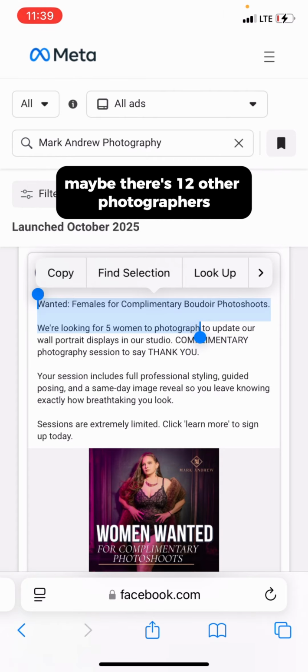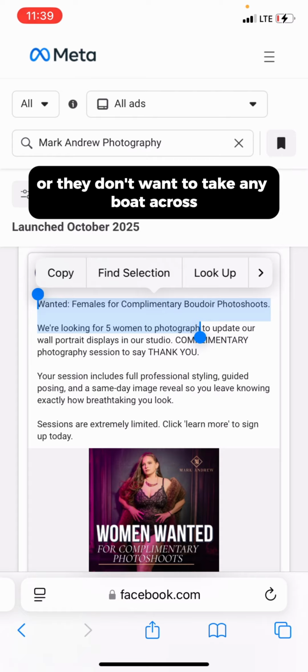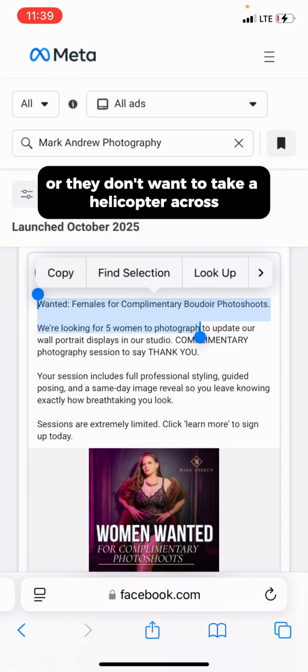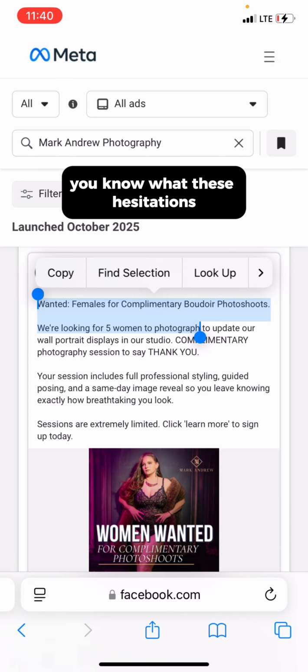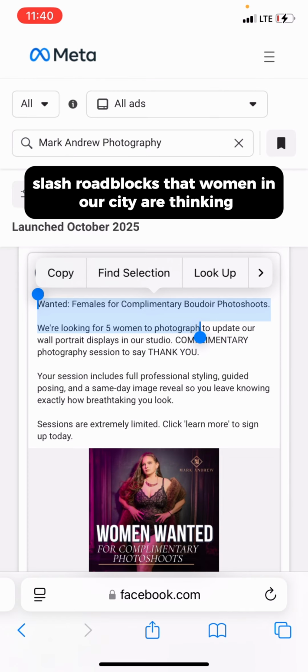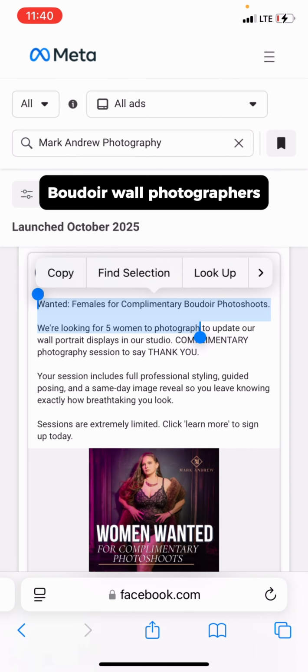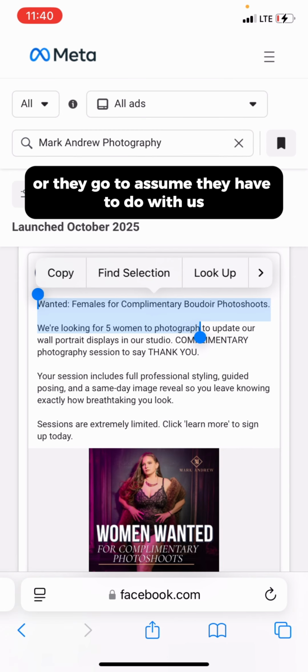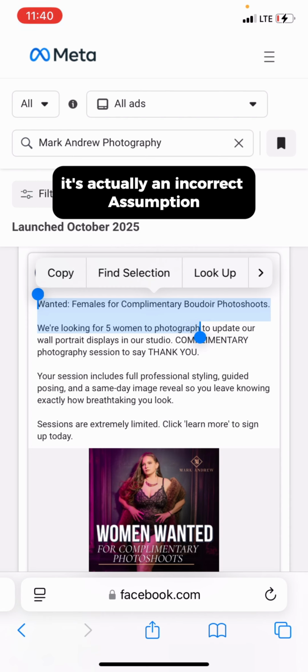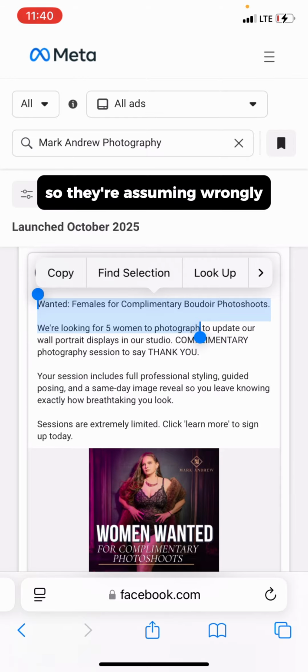Maybe there's 12 other boudoir photographers, or they don't want to take any boat across, or they don't want to take a helicopter across. What are these hesitation or roadblocks that women in our city are thinking? They're not doing any of these other solutions, or they're not using any of the boudoir photographers, or they assume they have to do something with us, but it's actually an incorrect assumption. So they're assuming wrongly.